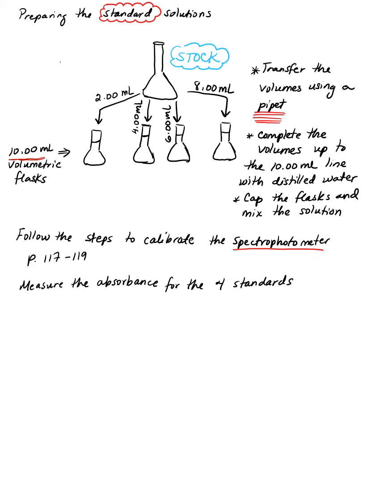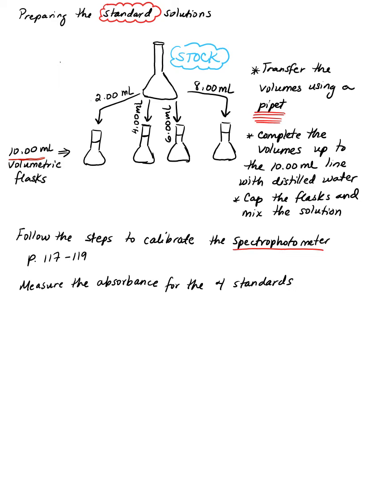So that's the total volume. It's determined by the total volume that you have in the volumetric flask. So from the stock solution, the first standard that I'm preparing, I'm taking 2 milliliters from the stock solution. And all of these volumes we're measuring using a pipette.